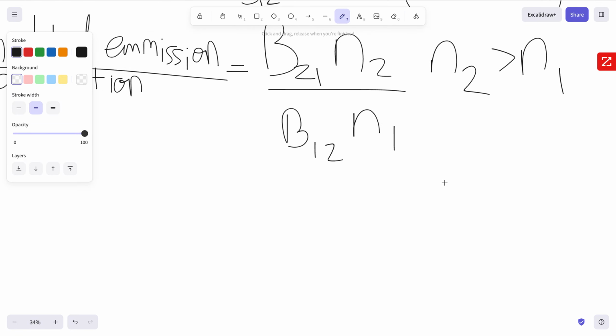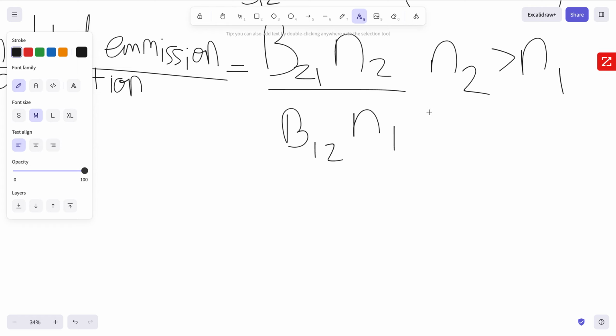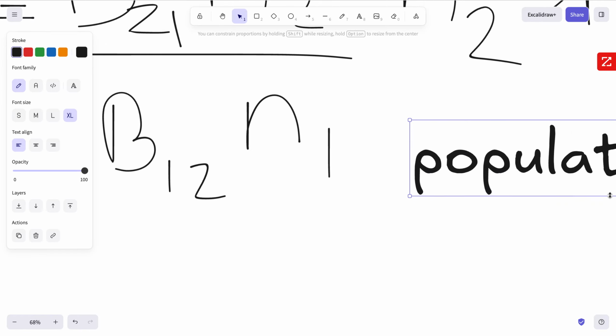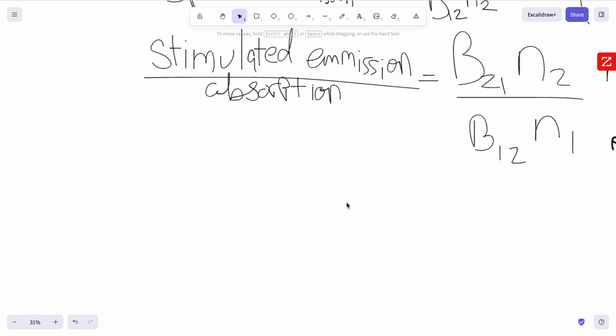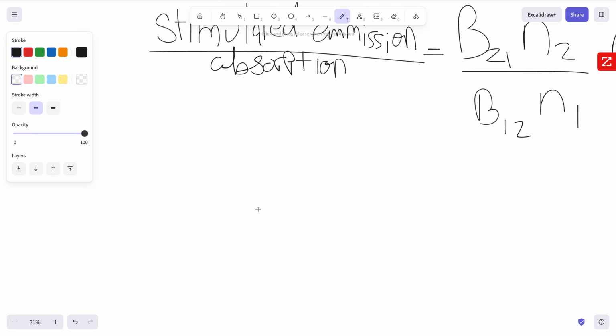The way to do that is something scientists have designed called population inversion. So what is population inversion?